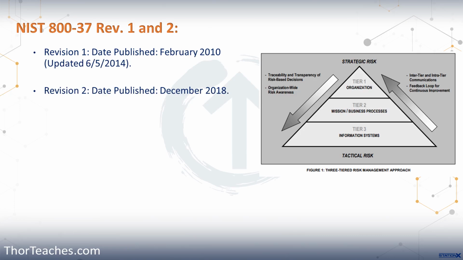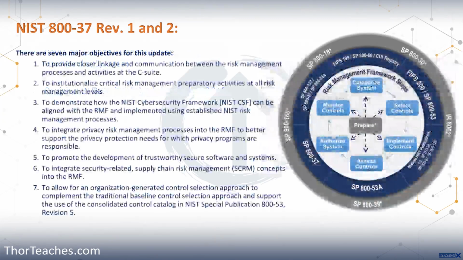In Revision 2, we still have the same 6 steps, but we also, in the middle, have a step that is prepare, which is an important step because this is also where we get senior management on board. We have 7 major objectives that were updated in Revision 2, and they're pretty easily broken down.